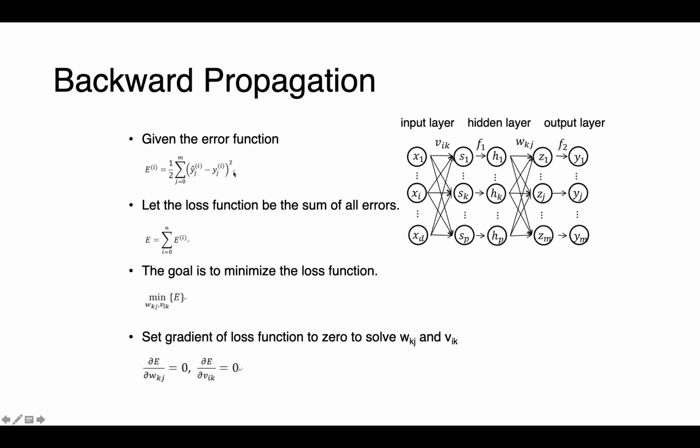First we need to look at the error function, which people now more often call the loss function. The loss function of a neural network is the critical function we need to look at, because the ultimate goal of a neural network is to minimize the loss.